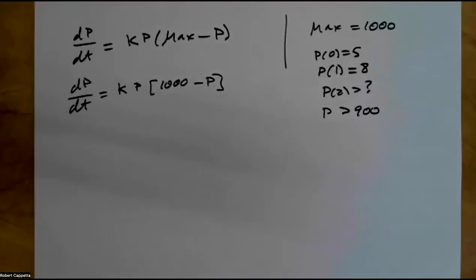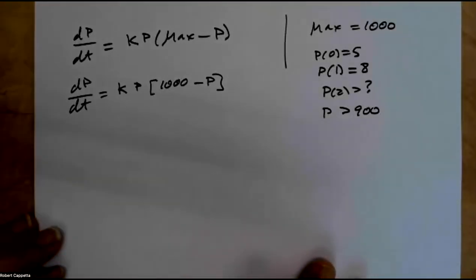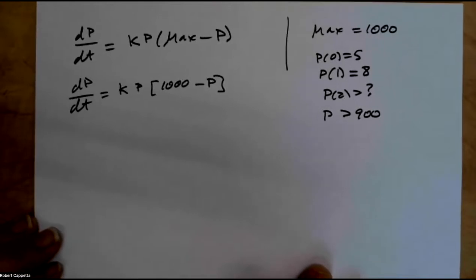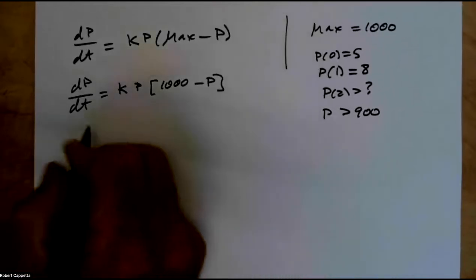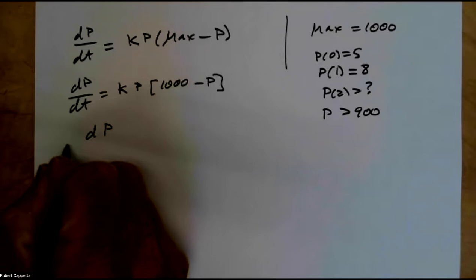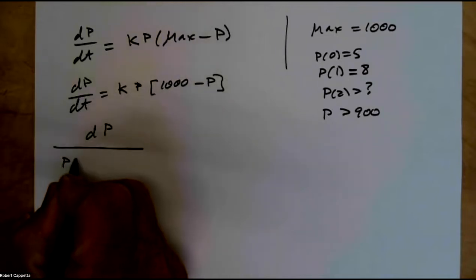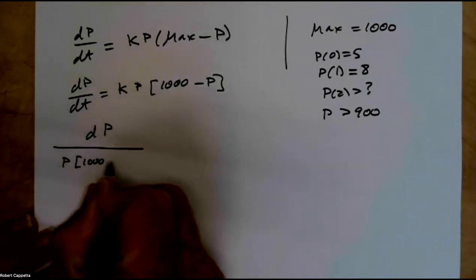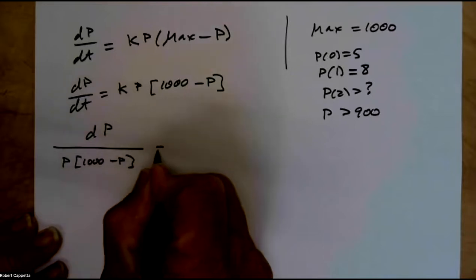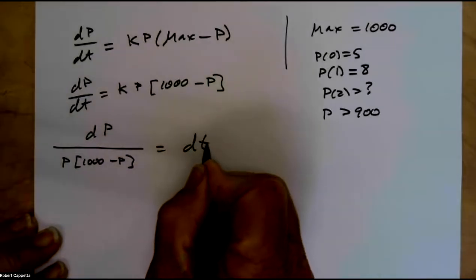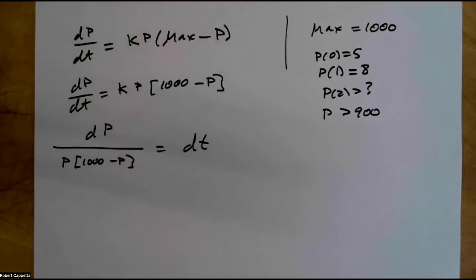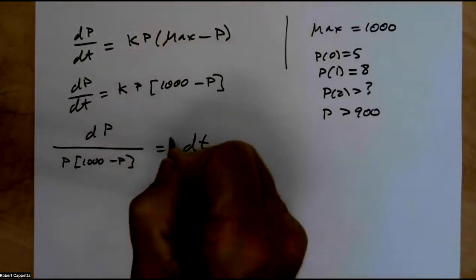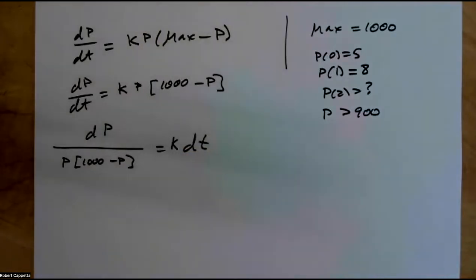Okay. Well, first off, this is a separable differential equation. We're going to get all the P's on one side and all of the t's on the other. So we're going to say dP over P times (1,000 minus P) equals k dt. So we have successfully separated the variables with a k as well.